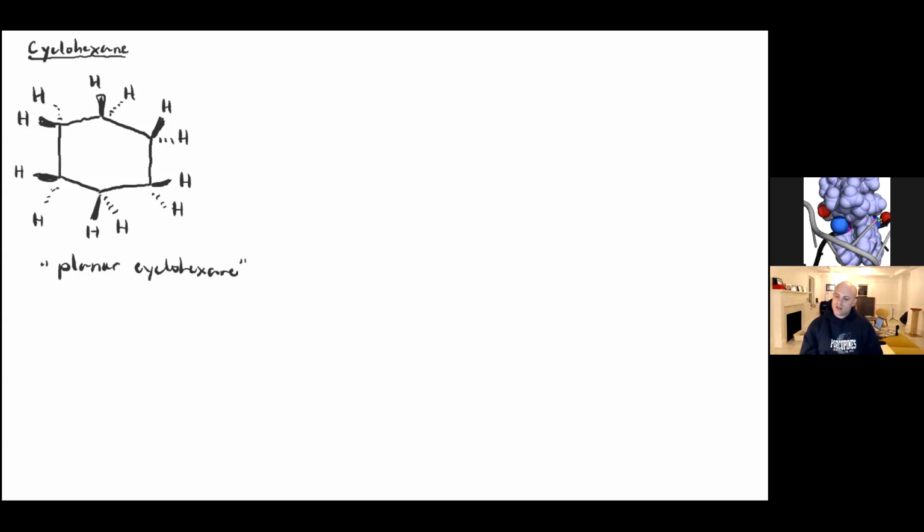Okay. And there's a real problem with this conformation, which is that the bond angles in this hypothetical planar geometry are 120 degrees.